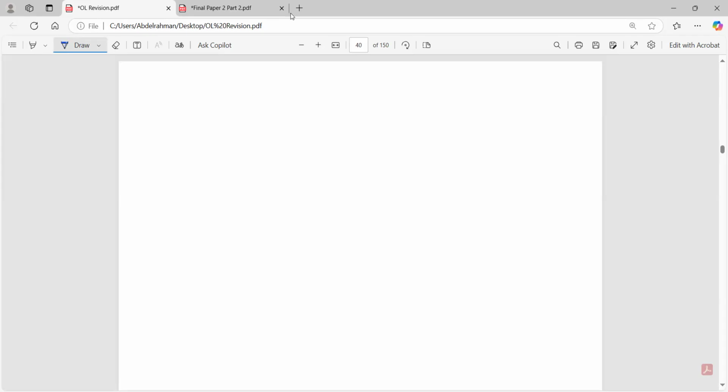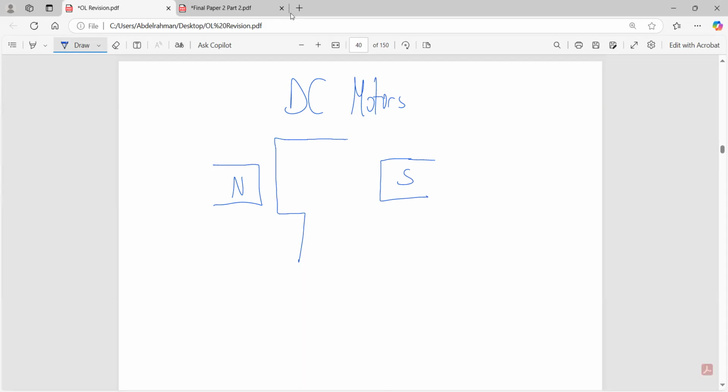So basically, if I start off with DC motors, how can I draw a very simple DC motor? Basically, you need a north pole and a south pole of a magnet. Then you need a coil inside this magnetic field.